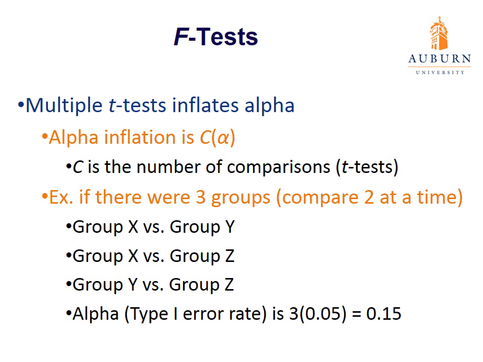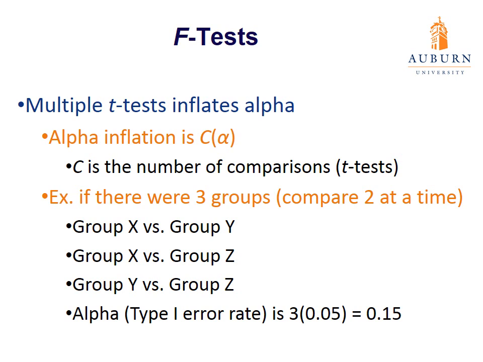So if we take a look at an example, again, similar to what I just talked about, if we had 3 groups, we'll call them X, Y, and Z, I could compare 2 of these groups at a time to get at all possible combinations. And so I could look at group X versus group Y, group X versus group Z, then group Y versus group Z, and I cover all my groups and I have a comparison for all possible comparisons.